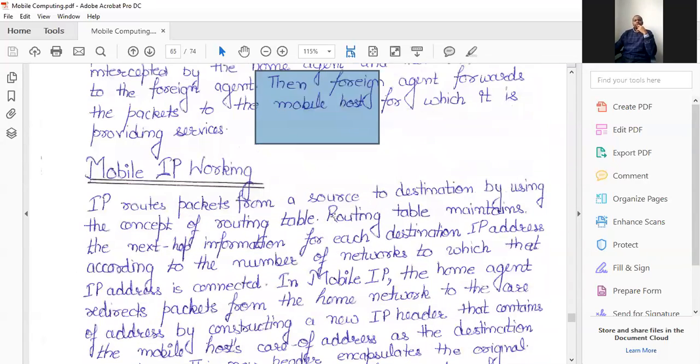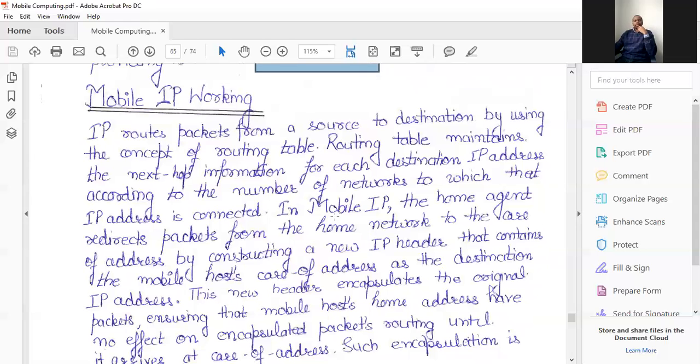Right. So how does mobile IP work? How does this mechanism, the standards that enable and facilitate data roaming with mobile devices, work? First of all, this protocol routes packets from a source to a destination by using a routing table.